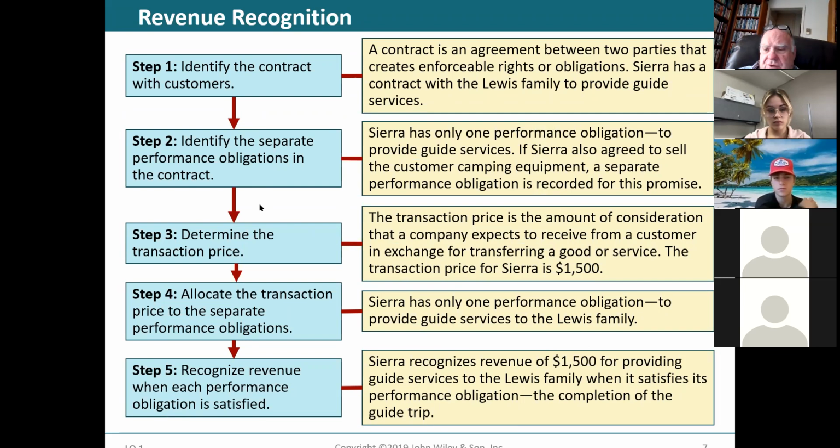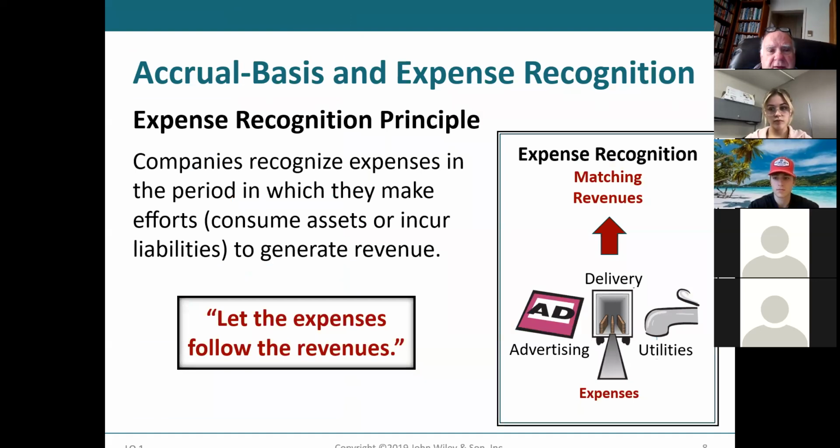Identify exactly what you're supposed to do to earn the money, come up with the price, and then you perform the service and recognize the revenue. Expense recognition principle. Companies recognize expenses in the period in which they make the effort to generate the revenue. Let the expenses follow the revenues.